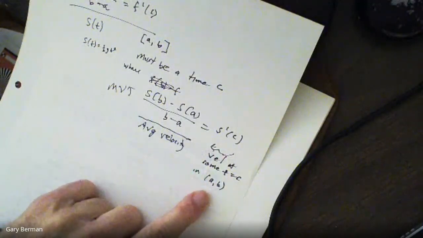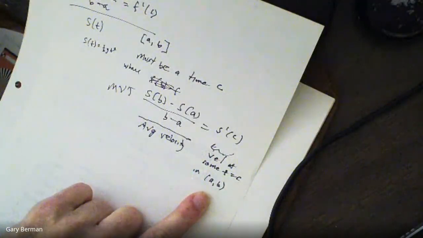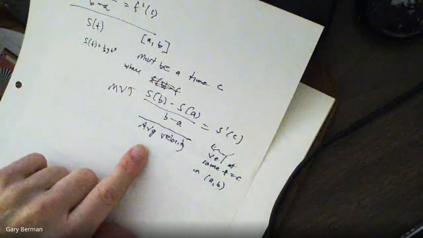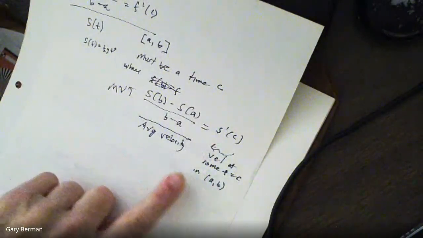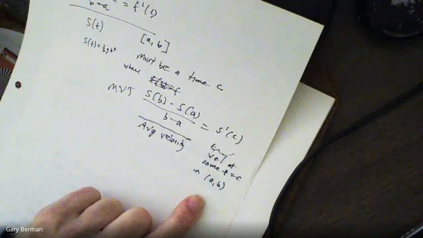It tells us that at some point in your trip, your speedometer had to read exactly what the average velocity was for the whole trip. In other words, if my average velocity was 30 miles an hour, it says that at some time during your trip, your speedometer was reading exactly 30.